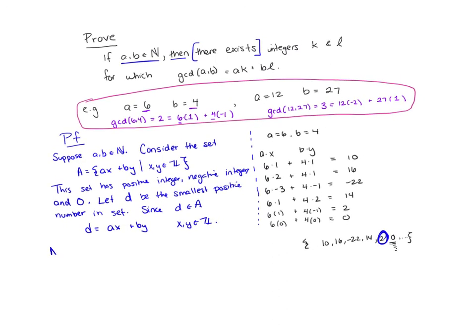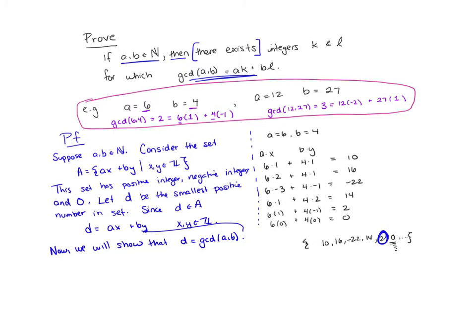So now we will show that D is actually the greatest common divisor of A and B. Because since I've already shown that D can be written as Ax plus By, if I can show that it's also the GCD, then the GCD can be written as A times an integer plus B times an integer, which is what I wanted to show. Okay, so how do I show something is the greatest common divisor?